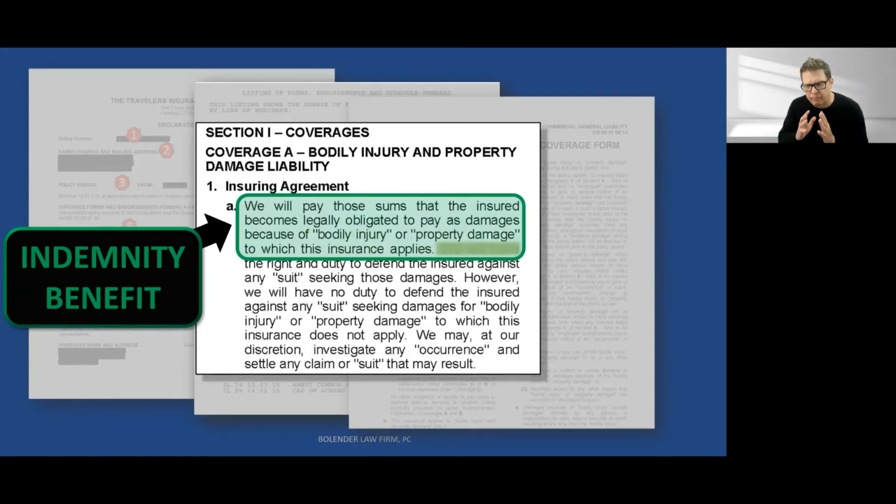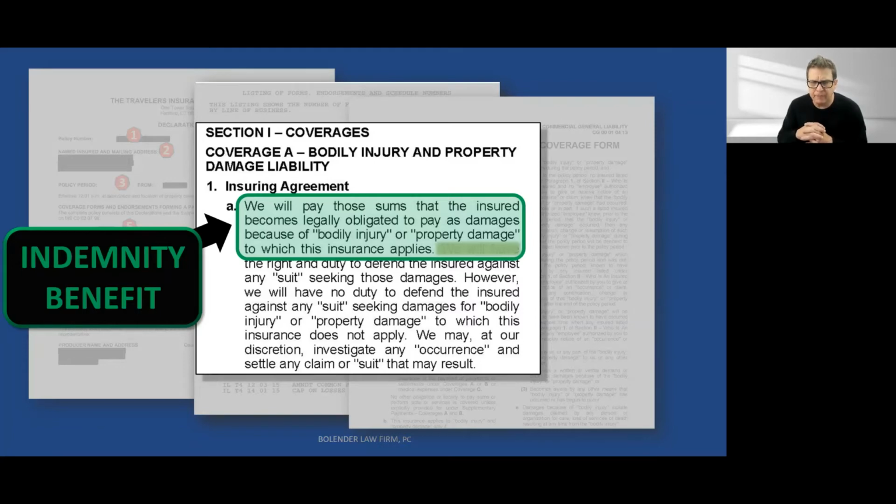A CGL policy, a commercial general liability policy, like all liability insurance, affords two primary insurance benefits. The first benefit is called the indemnity benefit, and that is represented by the first sentence on the screen.